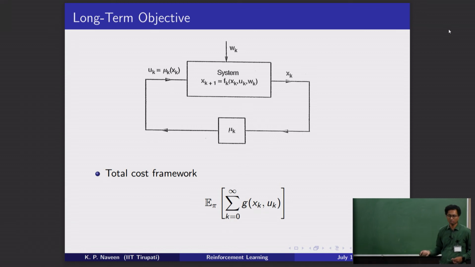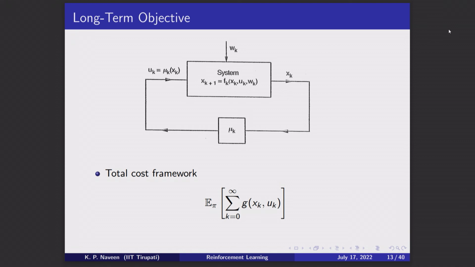We call it the total cost framework. But there is a challenge here. If you just add up all the cost, it will go to infinity, unless you are in a setting where those are known as stopping problems. There is some special state, and when you reach it, you stop the problem. For instance, in the case of shortest path problems, think of the deterministic shortest path problem.